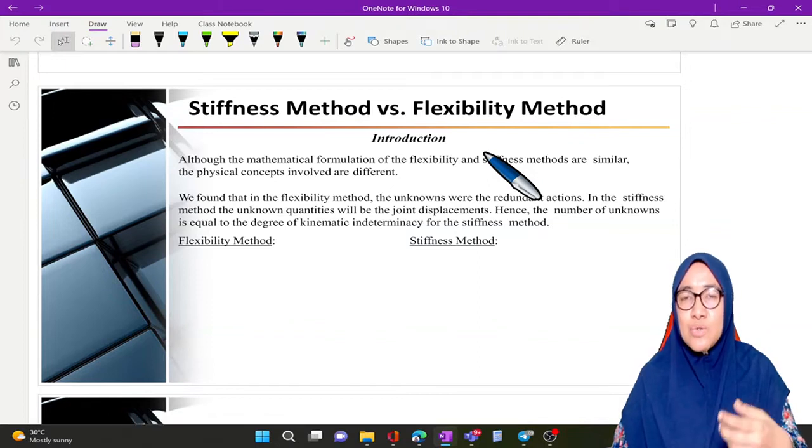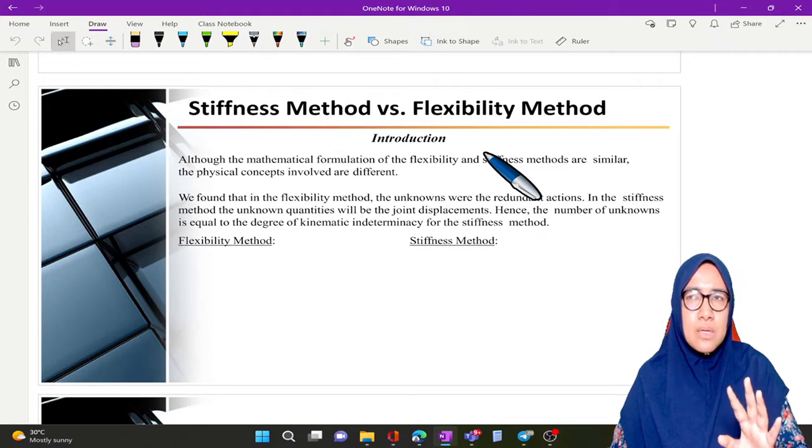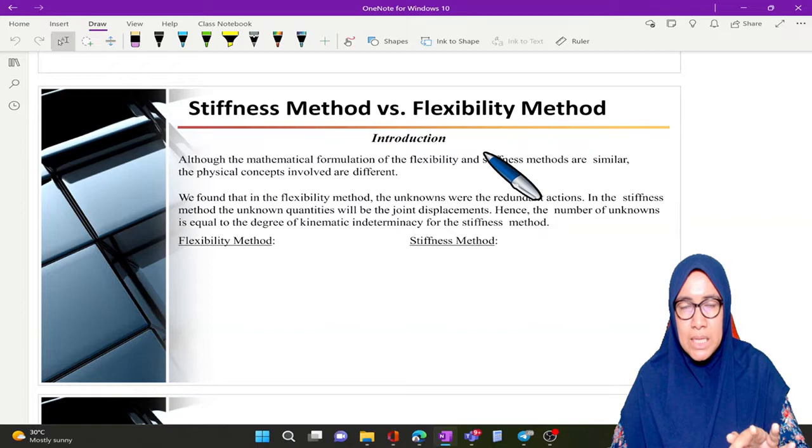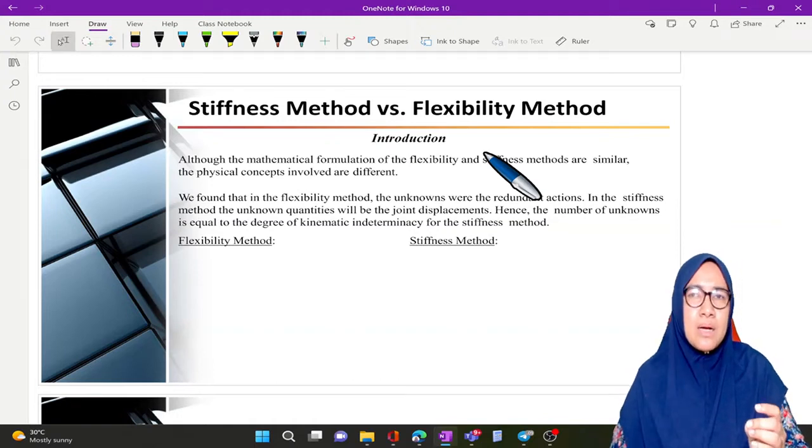When we analyze using the flexibility method, with a total of about 6 unknowns, 6 minus 3 will be solved: 3 will be chosen as redundants, and the remaining 3 can be determined using the equilibrium equations.